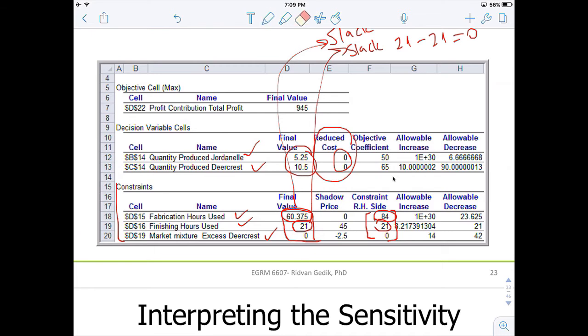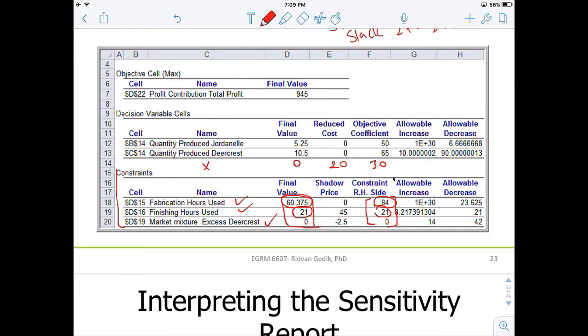But if there were some extra decision variable, let's say another model X, and its final value is 0 and the reduced cost is, let's say, 20, and let's assume that its objective function coefficient, or the net profit value, is, let's say, 30. What this means is that at the optimal solution, model X is not being produced, right? That's why we got 0 for that.